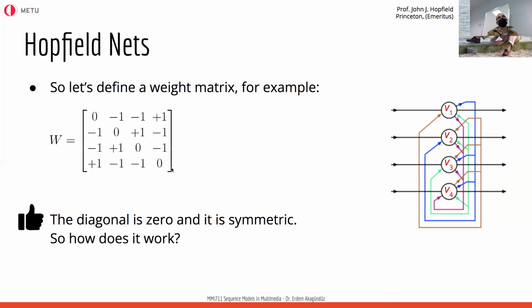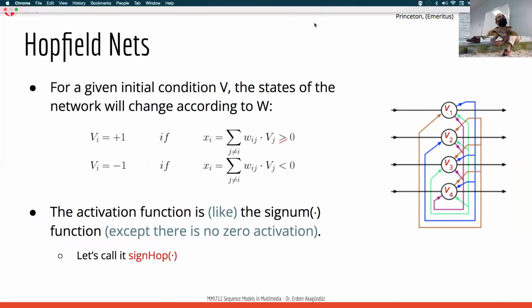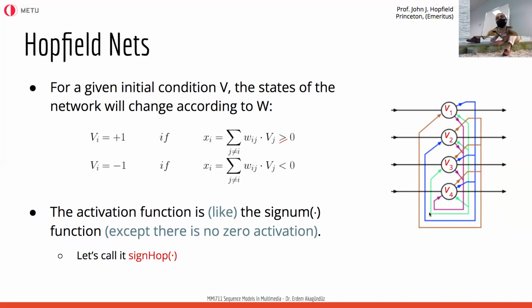I'm going to sum those values up, and I'm going to use an activation function, because when I sum them up, they can be more than +1 or less than -1. I'm going to use something like a signum function, which is called the sign hop. The signum function is from 0 to 1, sign hop is from -1 to 1. So let me draw sign hop. I'm sure you understood what it is, but let me draw it anyway. Sign hop is something like this.